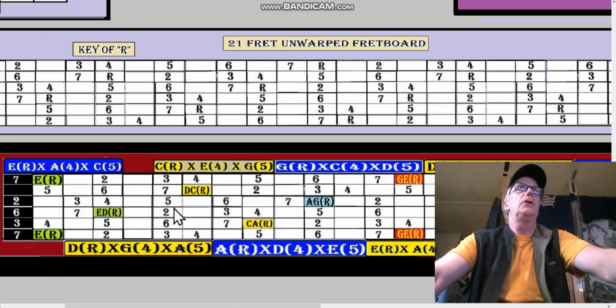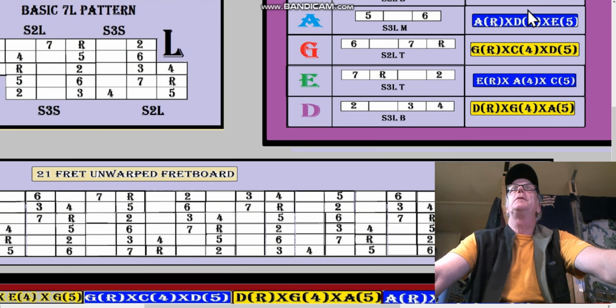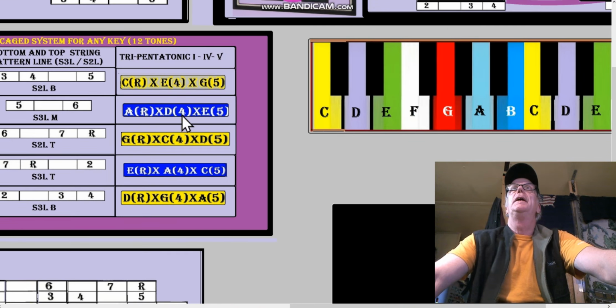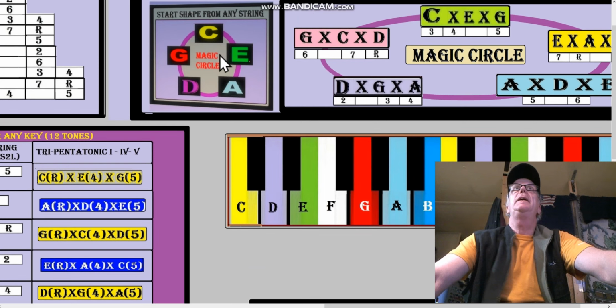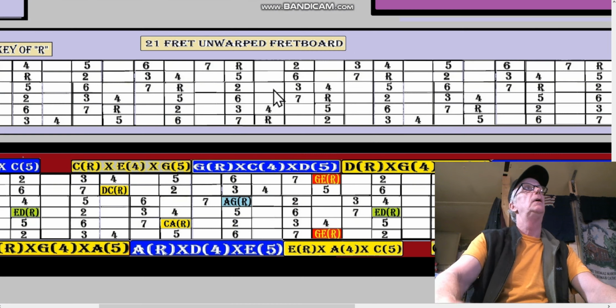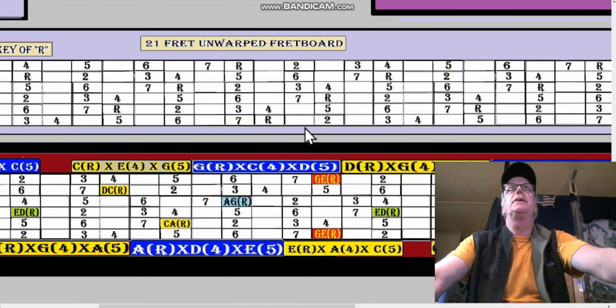So if E goes to C, let's look at the magic circle. E goes to C, then C is going to go to G, which is red there. So the G is red there.